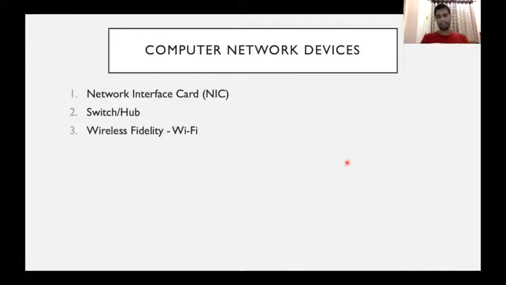Then the Wi-Fi access point. And the fourth one is router, modems and firewalls. Okay, so we will see these one by one.